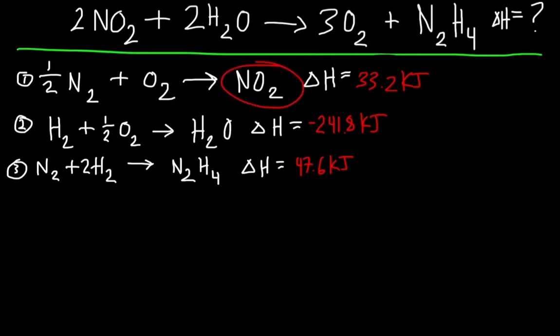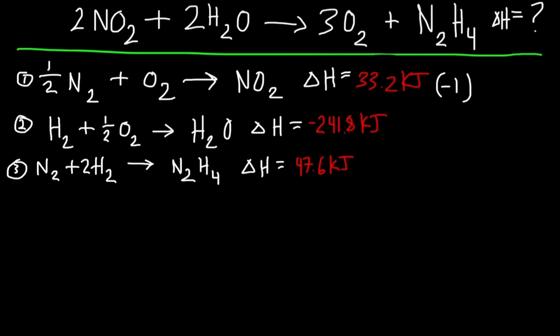But however, NO2 is not found anywhere else, so we can use that. But however, NO2 in reaction 1 is on the product side, but however on the original equation it is on the reactant side, so therefore we must multiply by -1 to reverse the equation.